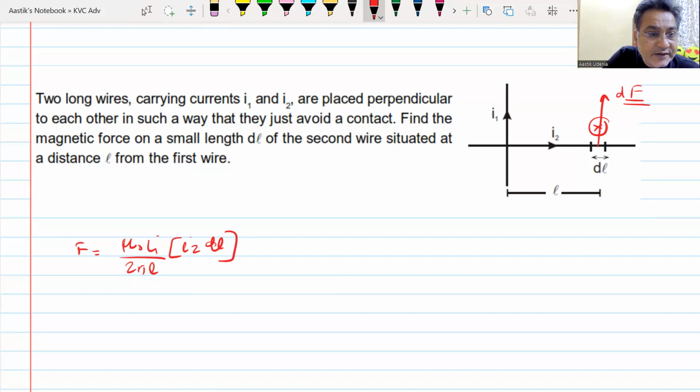The next heading that we are going to write is force between two parallel wires.